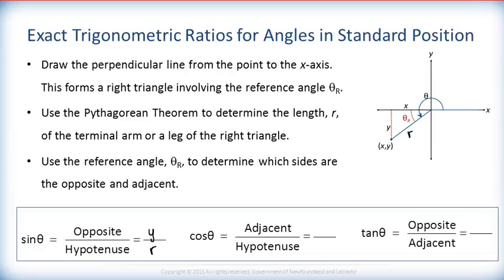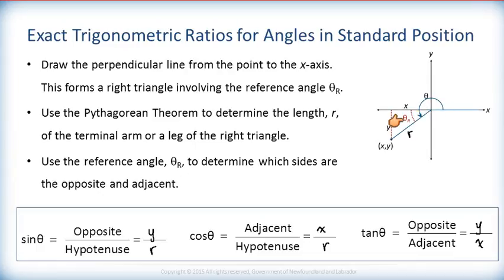Cosine of theta is adjacent, which is the x. That's the adjacent for the reference angle, and the hypotenuse is r. And the tan of the angle is the opposite, which is the y value, divided by the adjacent, which is the x value. So now we've got a way of determining the sine, the cosine, and the tangent of any angle from standard position.